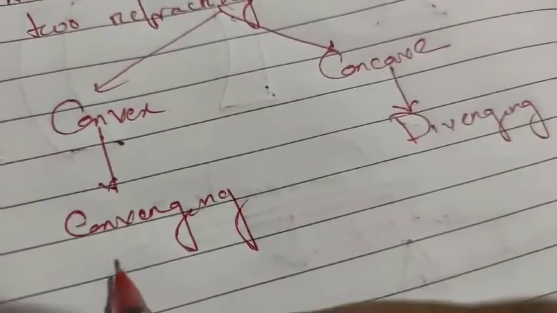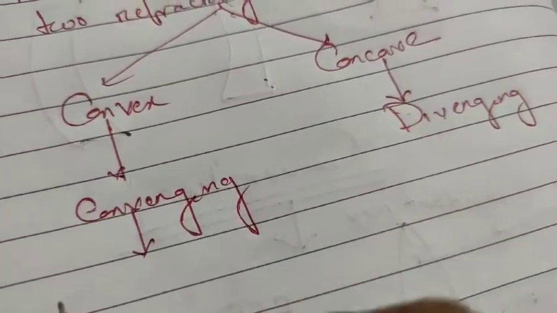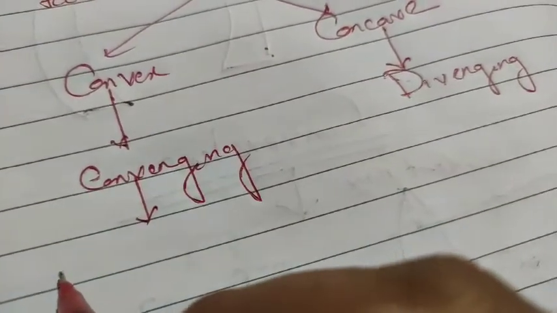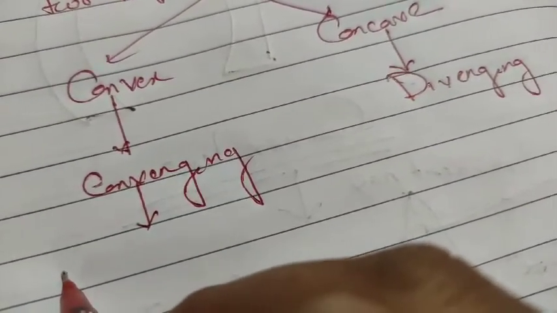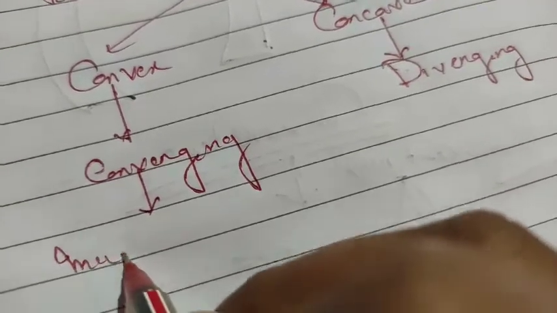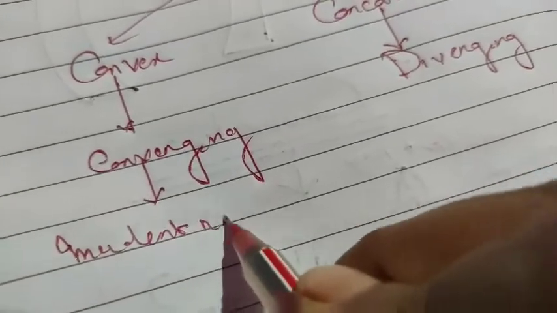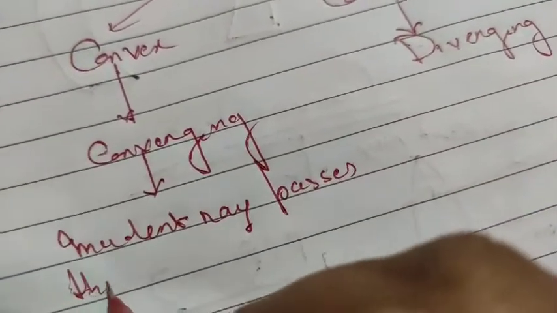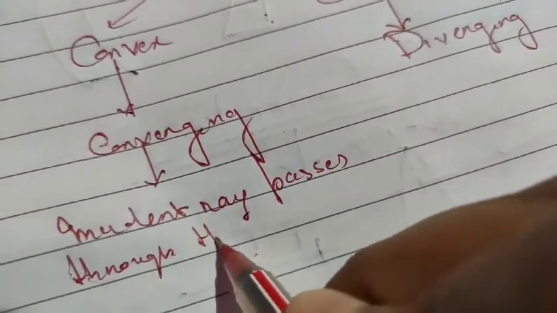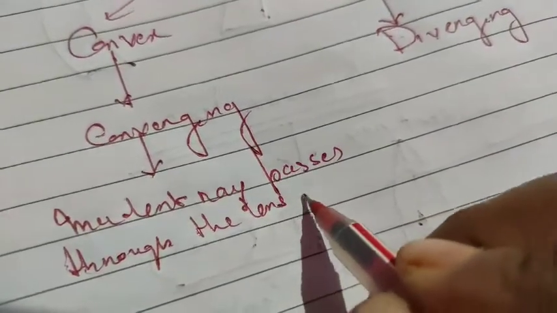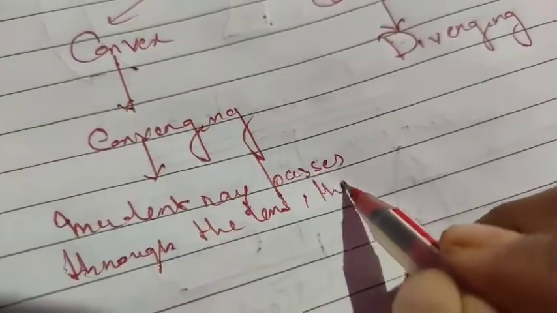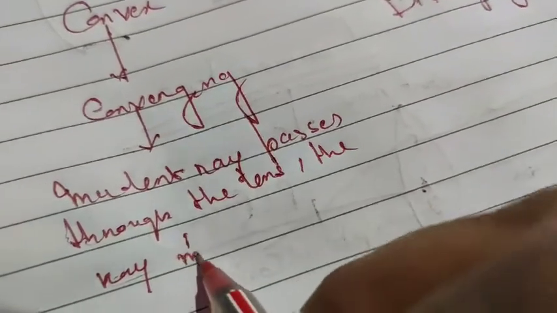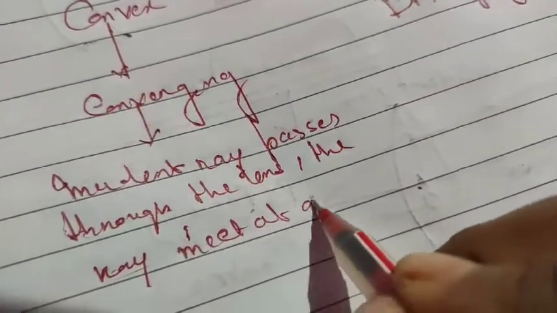Okay, so why is it named converging? As the name suggests, student, when an incident ray of light passes through the lens, the rays meet at one point.